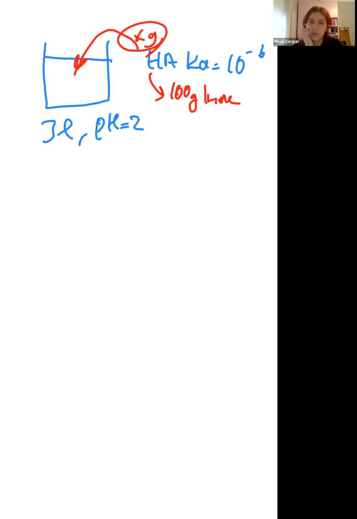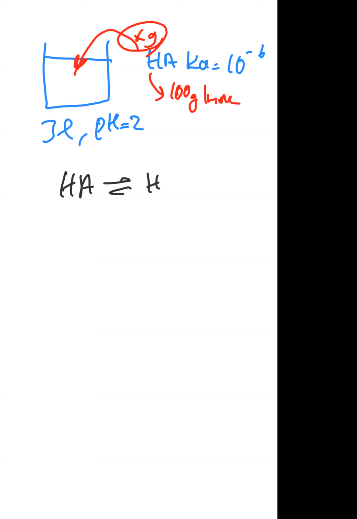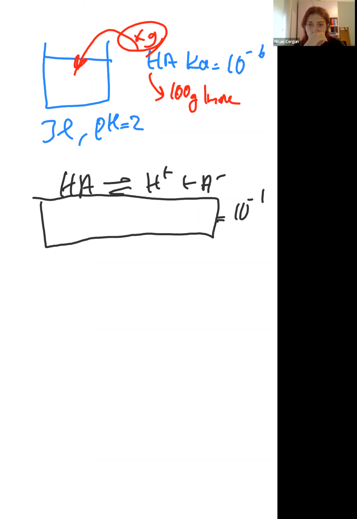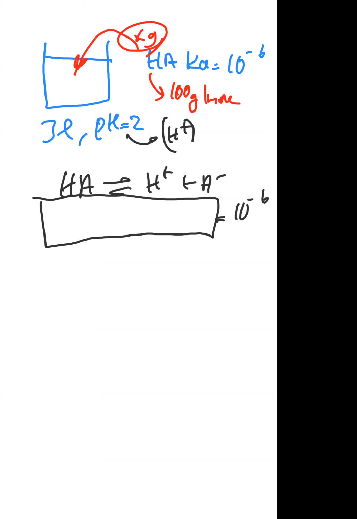Very firstly, let's check what we have. We have a weak acid. Weak acid means we have an equilibrium. Then we have the Ka value, which means we have the ratio of those concentrations as 10 to minus 6. Then we have pH. The pH value of 2 means the hydrogen ion concentration is 10 to minus 2.